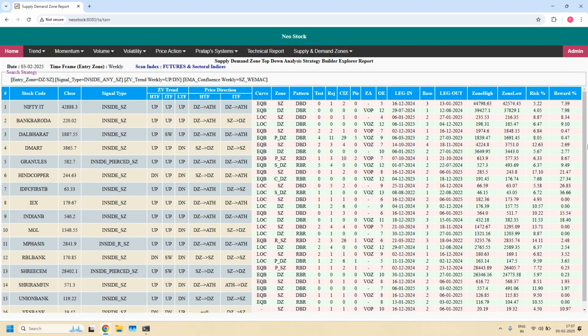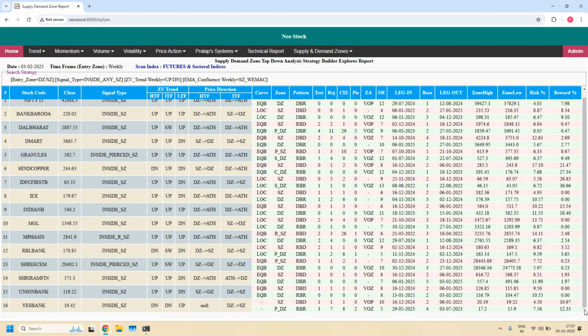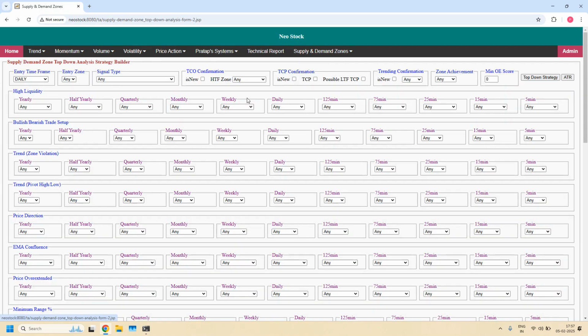So first 15 stocks in the list. I'm scrolling the list down. So currently price closed in these weekly supply zones, and those supply zones are having weekly EMA Confluence. So this is about weekly time frame, and the next time frame is a daily.